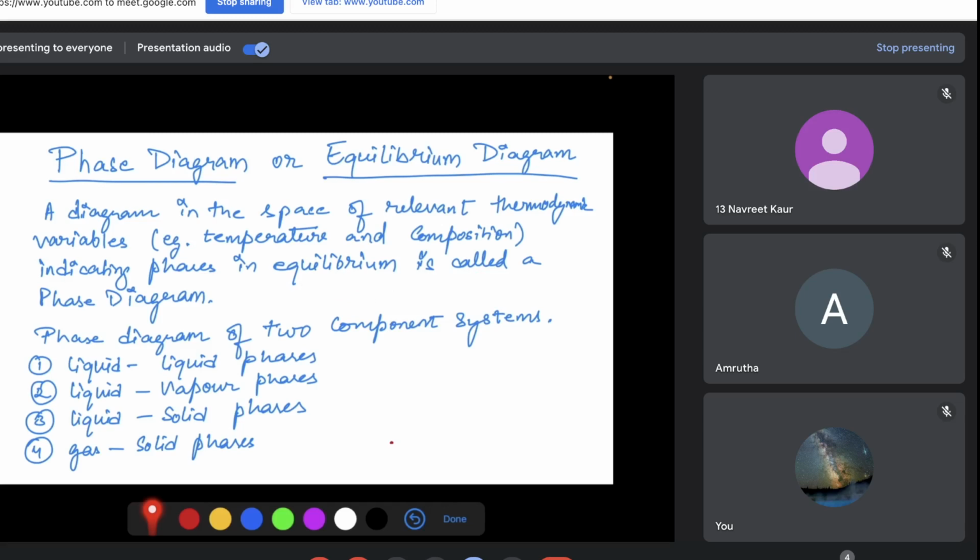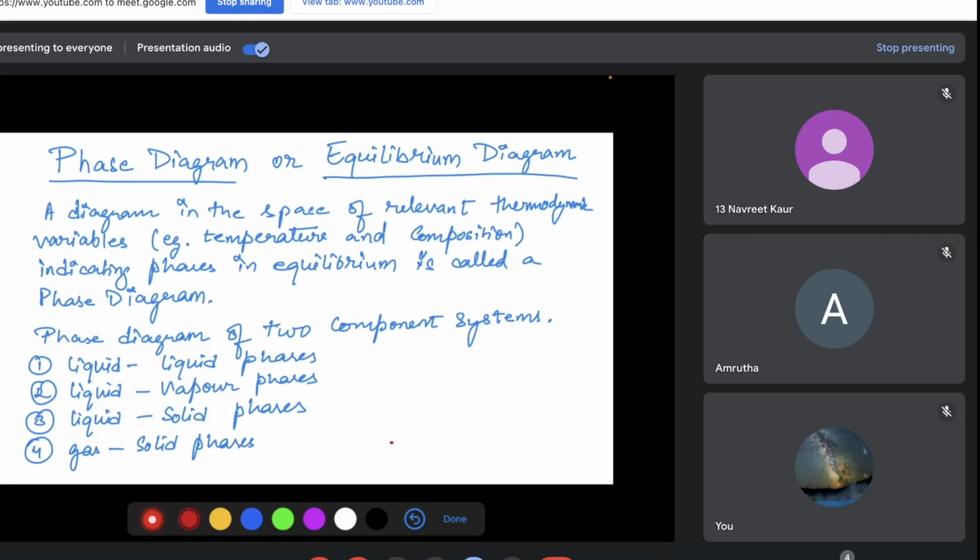This is called a phase diagram. Now the phase diagram of a two component system can be in liquid-liquid phase, liquid-vapor phase, liquid-solid phase, or gas-solid phase.